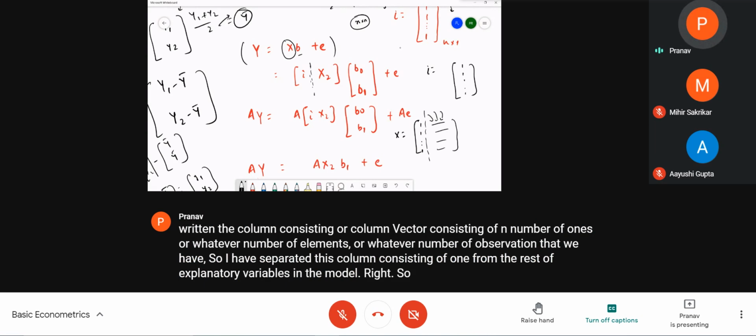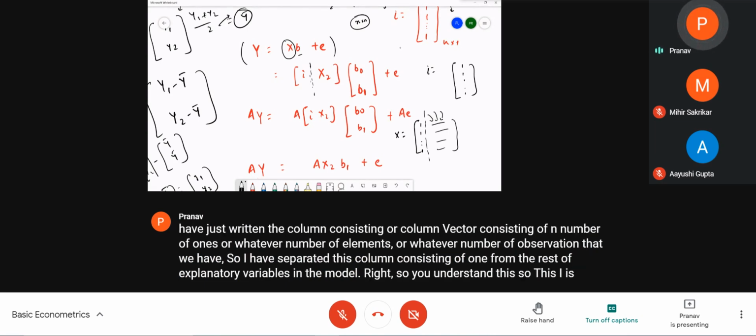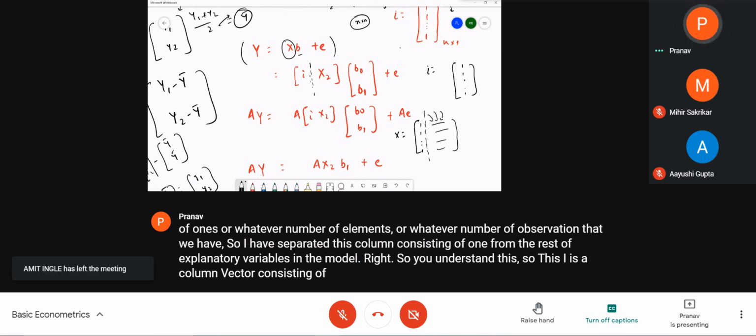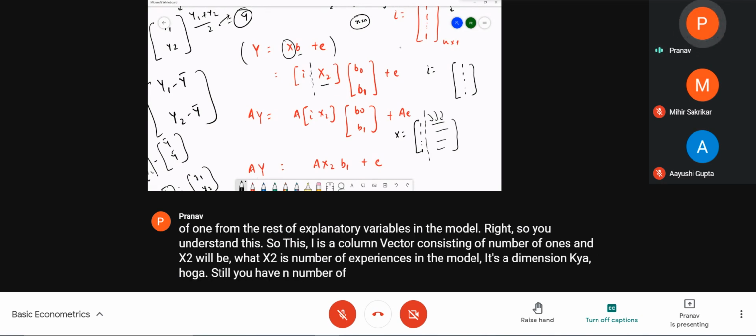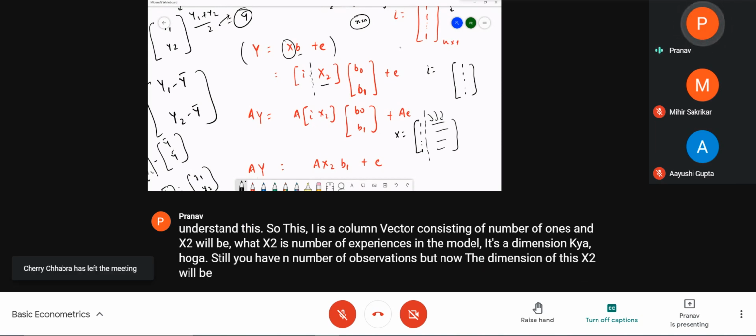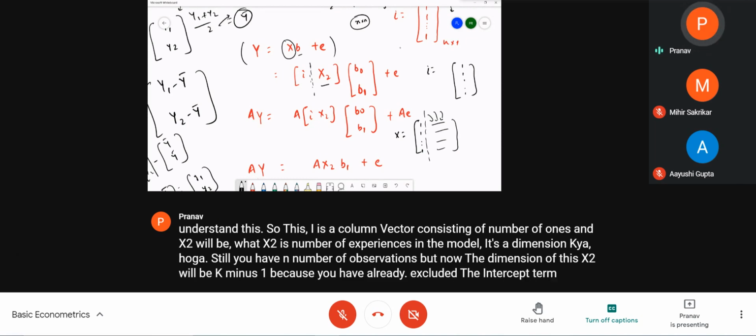So you understand this. This i is a column vector consisting of ones, and X2 will be the explanatory variables in the model. So what will its dimension be? Still you have n observations, but now the dimension of this X2 will be n by k minus 1, because you have already excluded the intercept term from this data matrix.